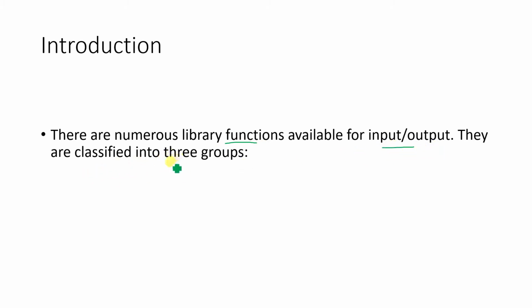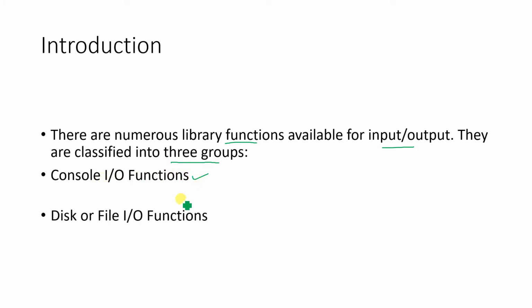They are classified into three groups. One class represents the console IO functions, the second class is the disk or file IO functions, and the third class represents the port IO functions.